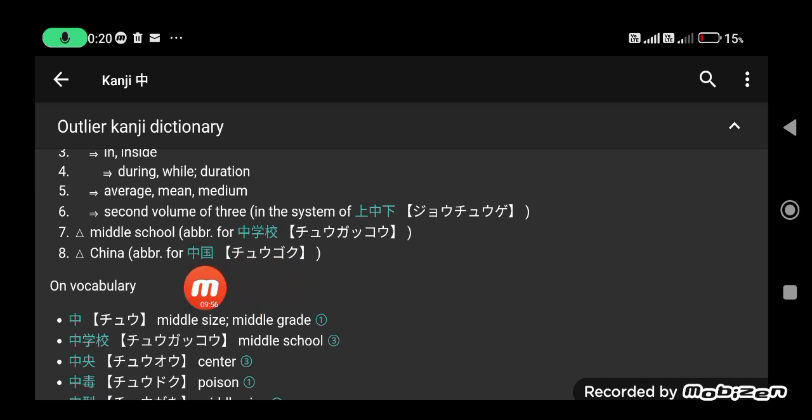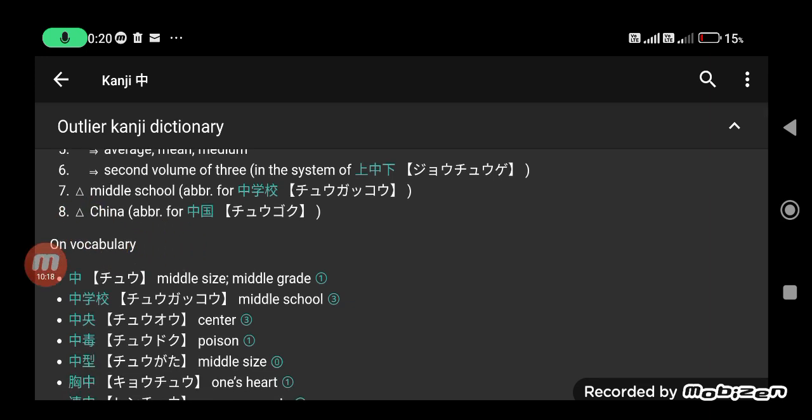So the original reading for this kanji is koku, but since we have applied kanji compounding, or fukugogo, the koku becomes goku, because the Dakten form of koku is goku. So chu plus goku, chugoku, meaning China.